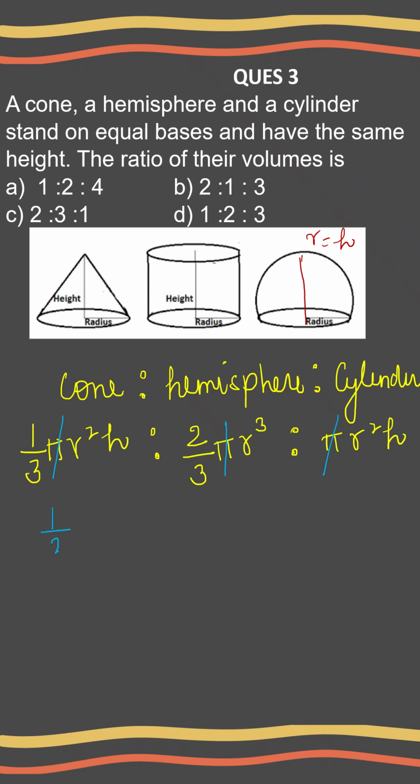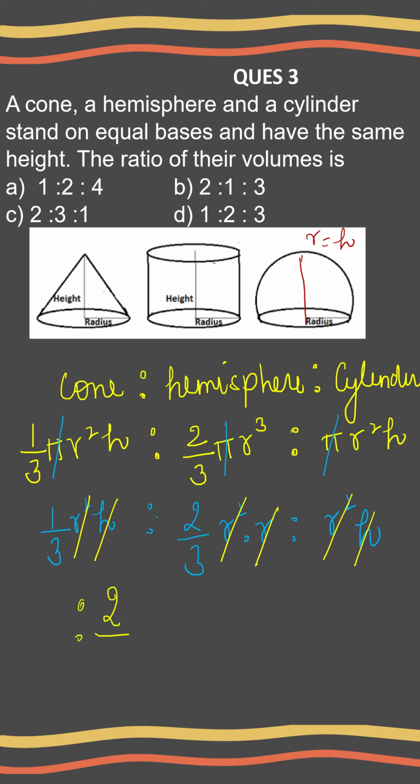Now replace hemisphere's r as h and write it again. So we have r square common in all three volumes, h, h and h. You will be left with 2 by 3, 1 by 3 and 1. Multiply by 3 as the denominators are 3.